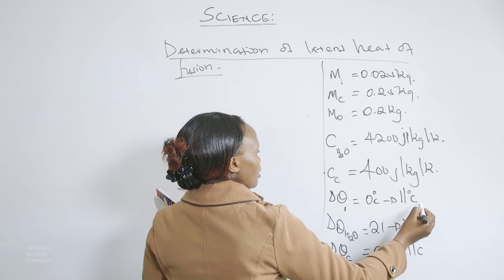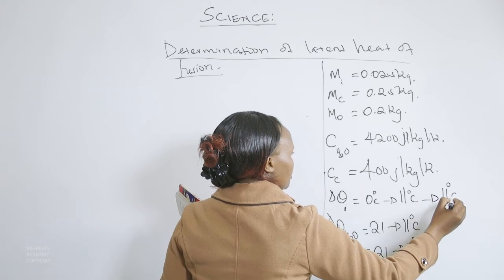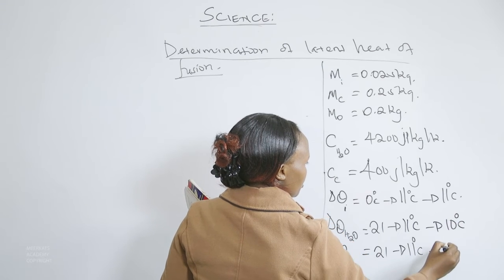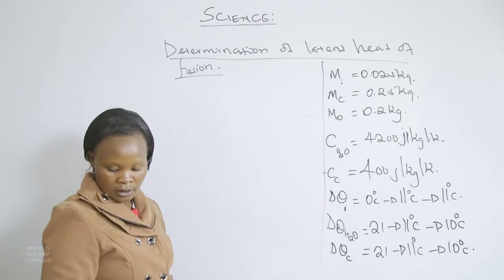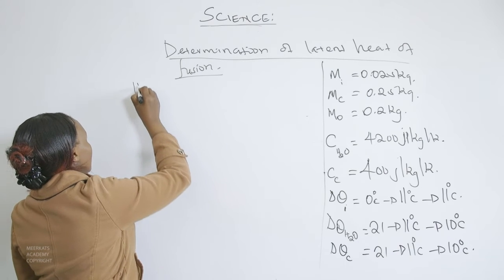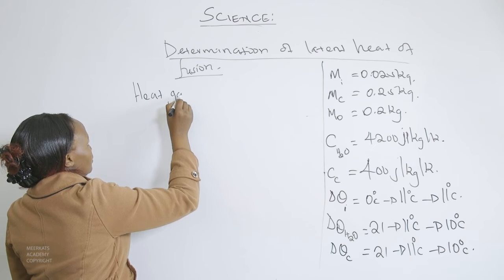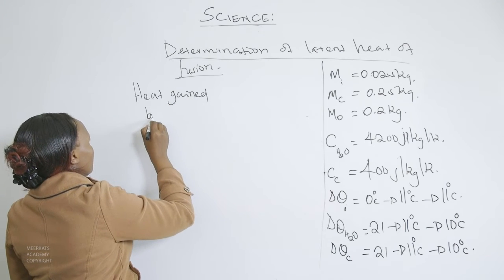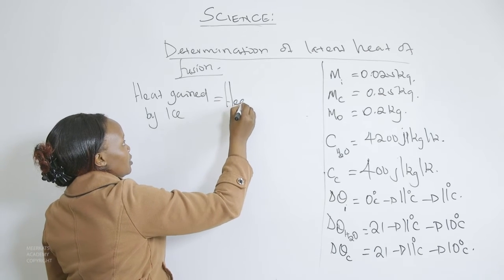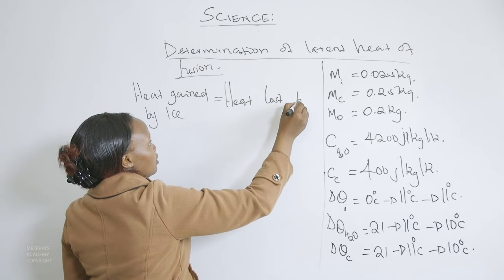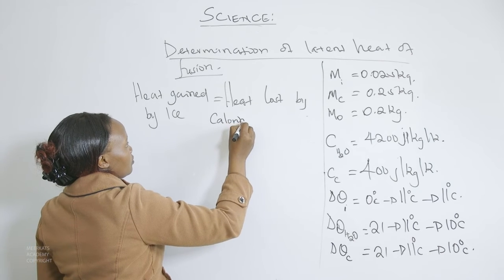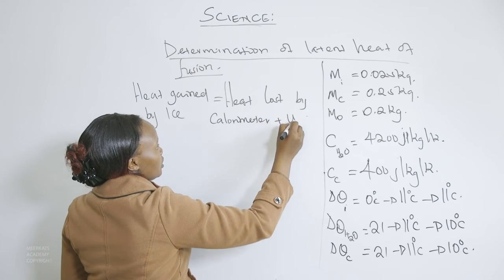Now, this one will be 11 degrees centigrade, this one will be 10, and this one is also 10 degrees Celsius. Now, what we know is that heat gained by ice is equal to the heat lost by the calorimeter plus water.